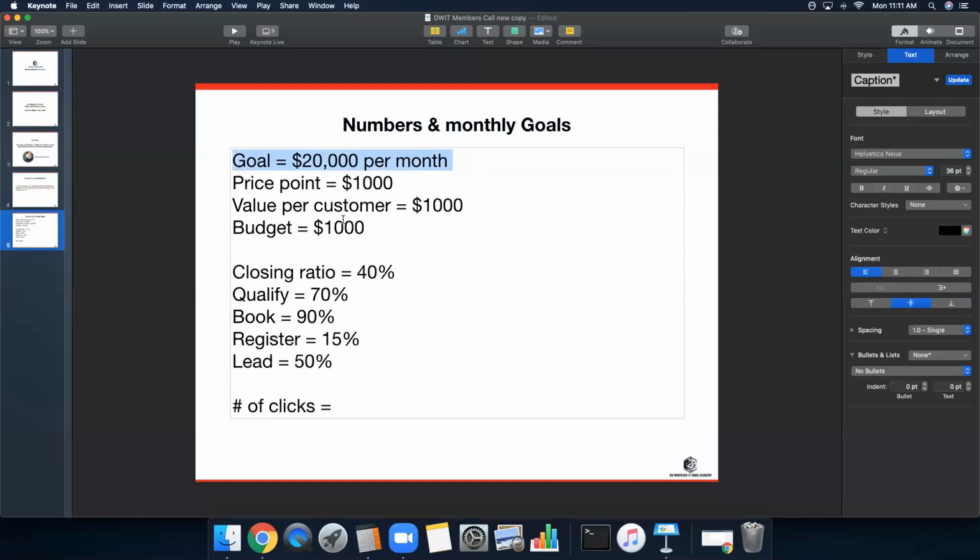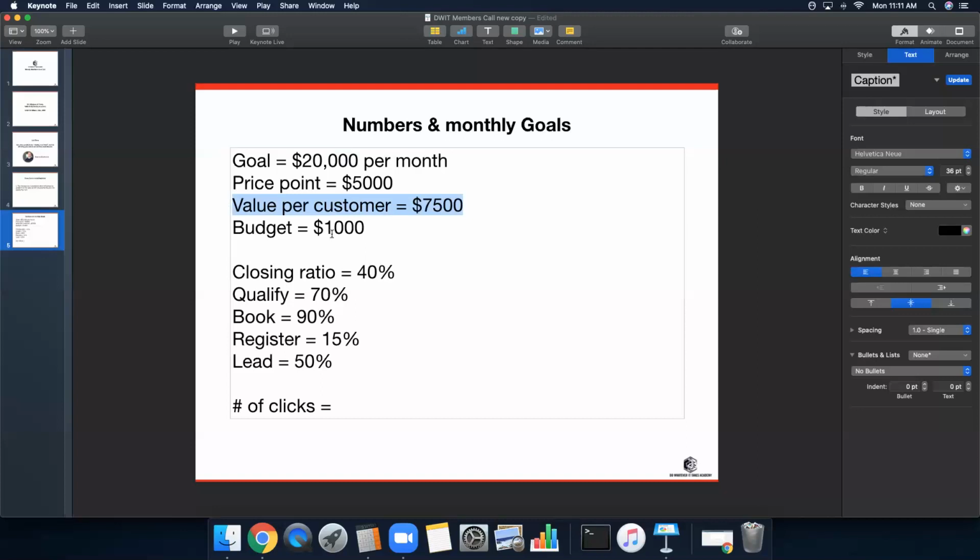This goal is unachievable. Now let's pretend that we have a price point of $5,000 and the value per customer of $7,500, meaning that most of them actually upgrade to additional services or bigger packages. Now with a budget of $1,000, all we need are 3 clients. Actually, less than that, 2.5.